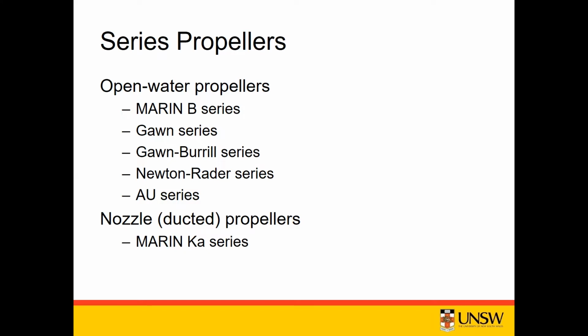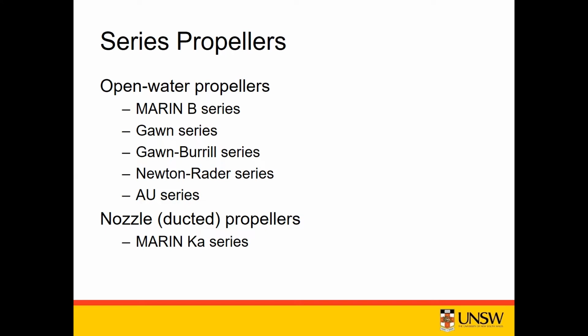Then there's 2 famous series of papers, the Gawn series and the Gawn-Burrill series. Gawn was actually Burrill's PhD student at the University of Newcastle upon Tyne, as it was called then, or just Newcastle University these days.